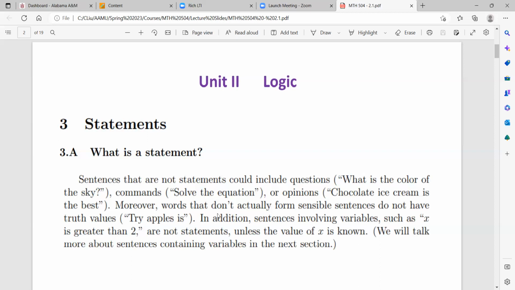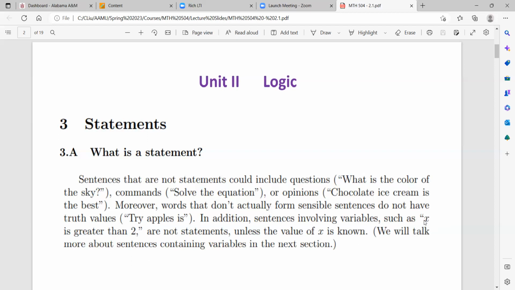Well, obviously, words that don't actually form a sensible sentence do not have a truth value. Like "try apples", that's not even a sentence, so it doesn't make sense. In addition, sentences involving variables such as "x greater than 2" are not statements because we don't know what x is. So it could be greater than 2 or not. It does not have a definite truth value unless you know what number x is.